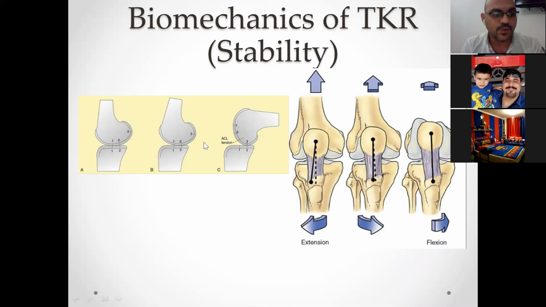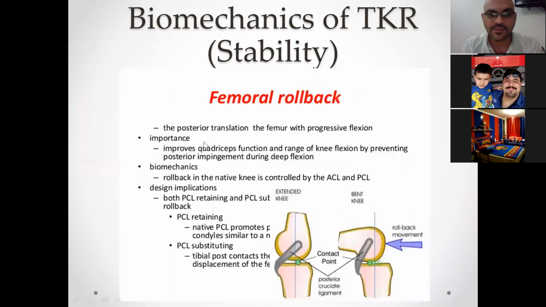This is done with a post mechanism of the polyethylene joint. Now this is the femoral rollback, and you can see how the femur is flexed more than 120 degrees, and how the PCL is retained or substituted in the next one.